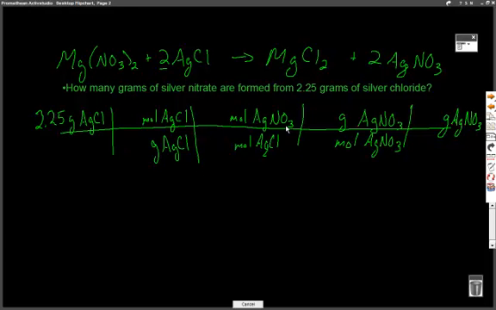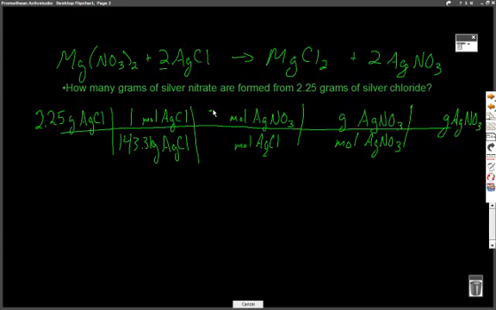So now we go ahead and fill in our chart here, and the first thing we need to know is how many grams 1 mole of silver chloride is. 1 mole of silver chloride is going to have a mass of 143.31.